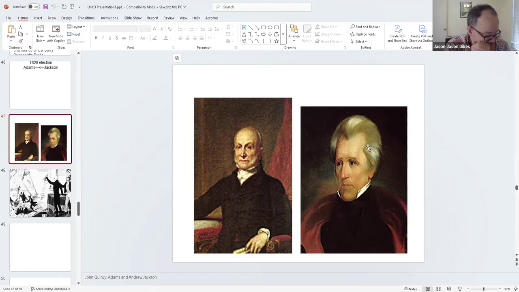It's difficult, like when Jackson does things, it's hard to tell if he's doing them from any sort of fixed political ideology or if he's doing things just to get revenge on people he doesn't like.